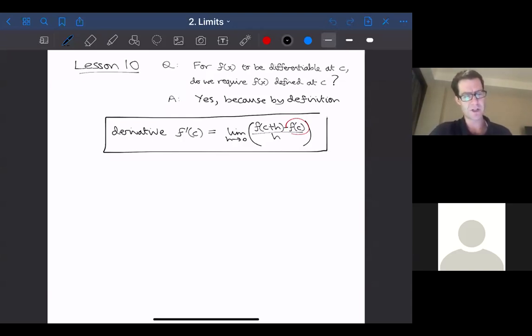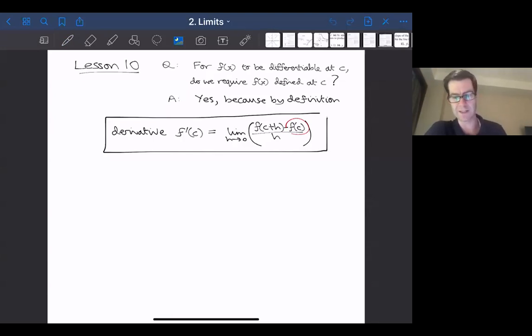The definition of the derivative f'(c) is that it's the limit of this ratio, and to take this ratio, we have to have f defined at c. So the answer is yes, for f to be differentiable at c, we require it to be defined at c, according to the definition of this course.